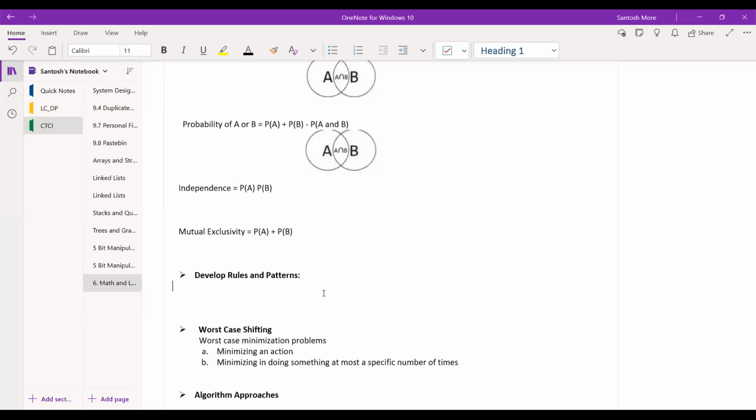Then you can say, if we are done with 30, we should be able to do it within 15. So think aloud about all those things.